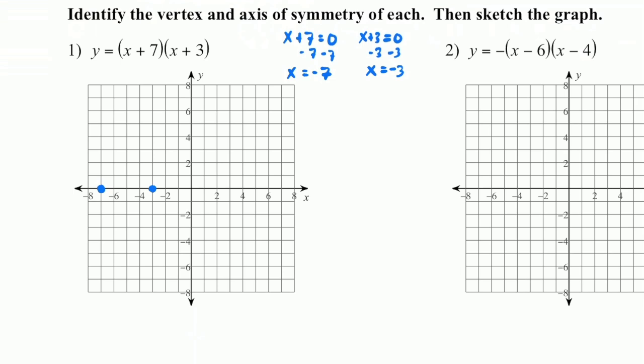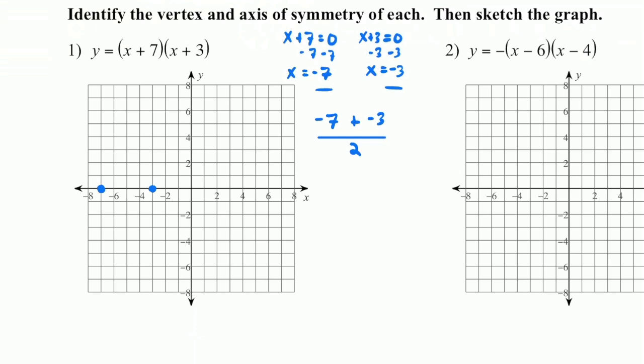And then the next thing I want to do is figure out what my axis of symmetry is. To find my axis of symmetry, I'm going to take each of these x-intercepts that I found, negative 7 and negative 3, add them together, and then divide that by 2, because our axis of symmetry and our vertex are always going to be halfway between our two x-intercepts.